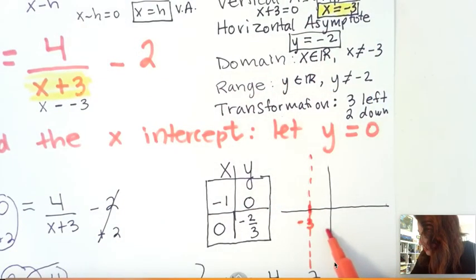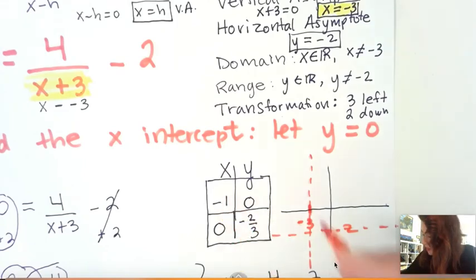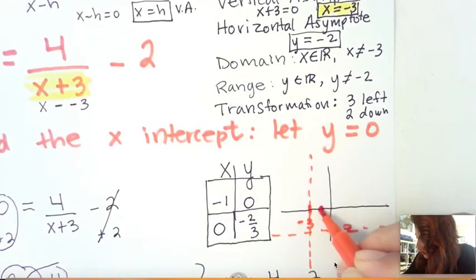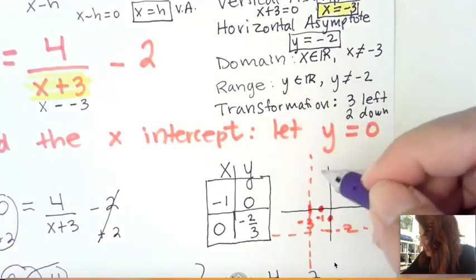So the graph will approach -2, but it will never touch -2. We have an x-intercept at (-1, 0), so somewhere around here is -1. And we have a y-intercept at (0, -2/3), so somewhere here.